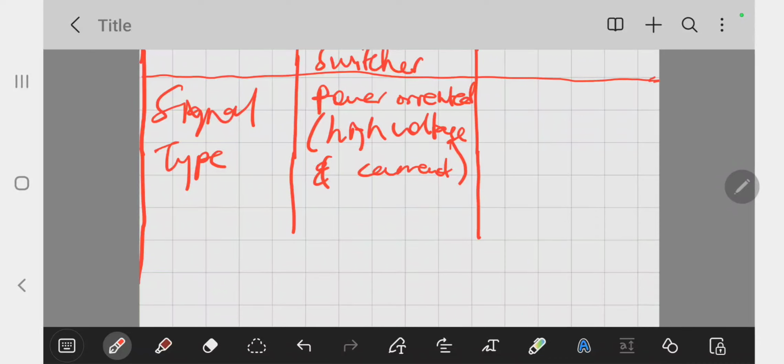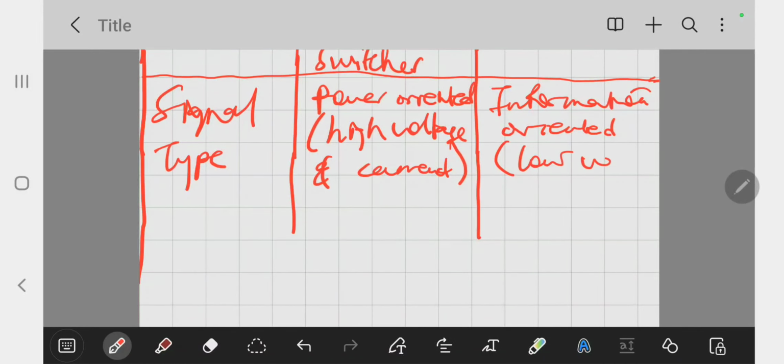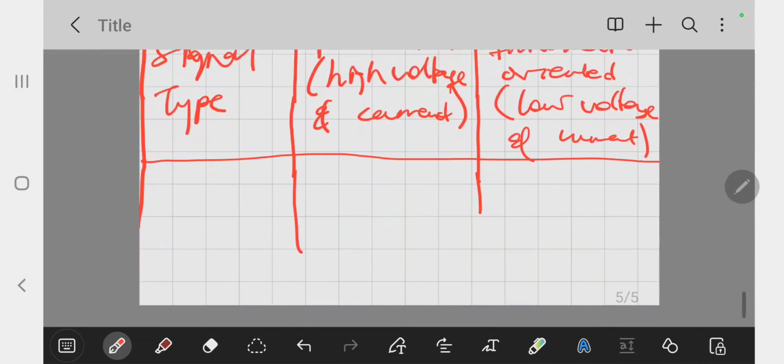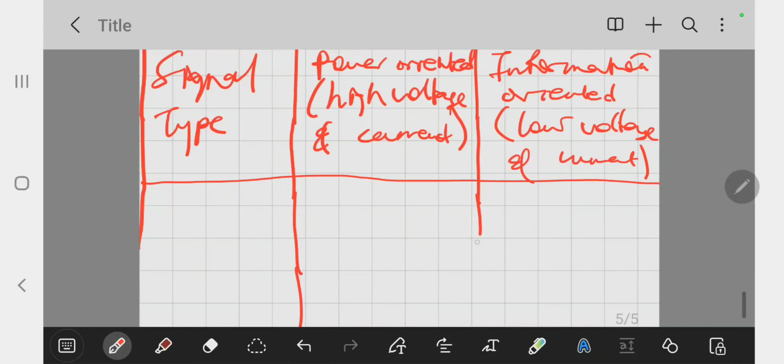Then in an electronic circuit, this one is mainly information oriented, and at the same time it has a low voltage and current. So that's about the type of signal which you find in the two.